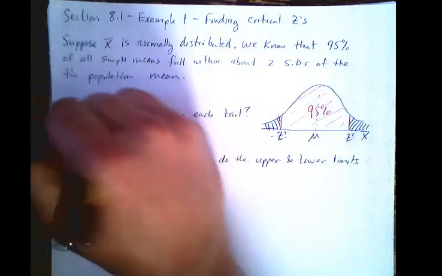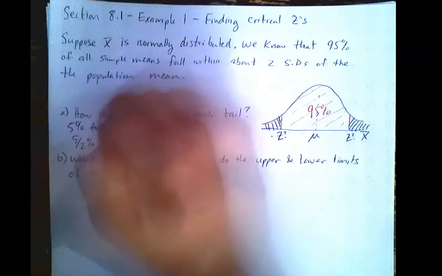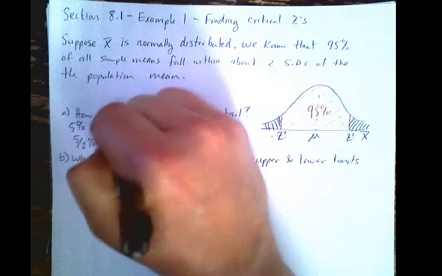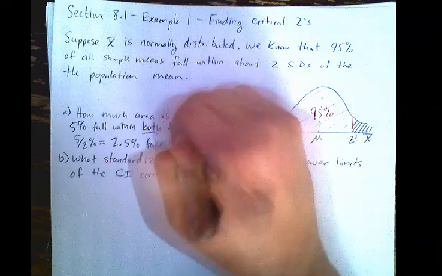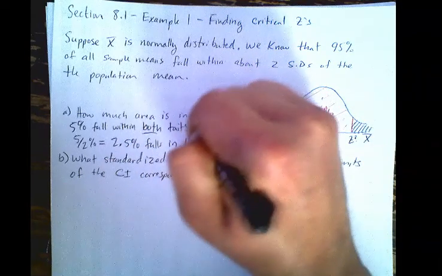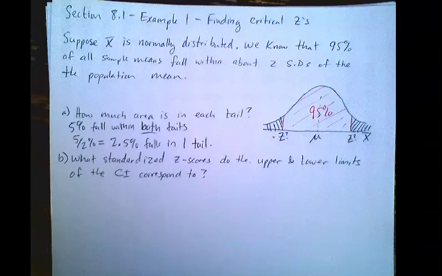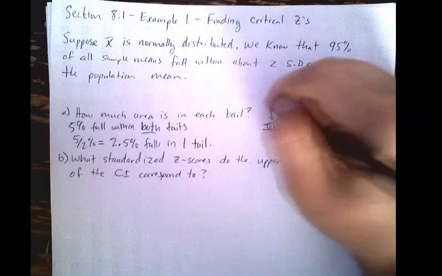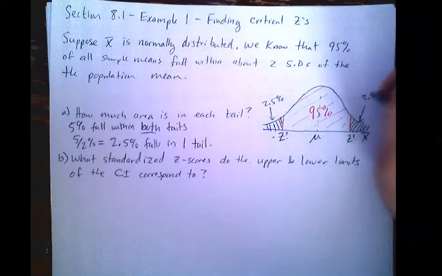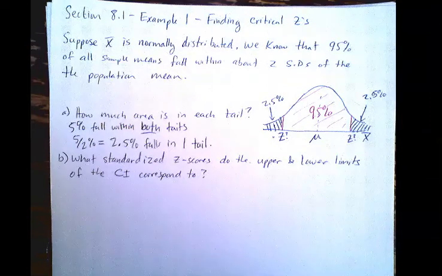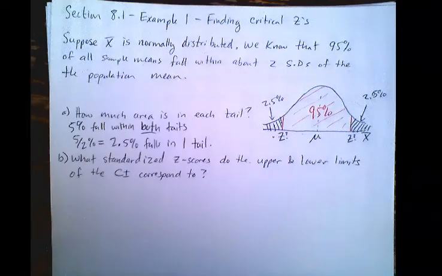Therefore, 5 over 2%, or 2.5%, falls in one tail. Okay, so again, 2.5% there, 2.5% there, and then we complete 100.